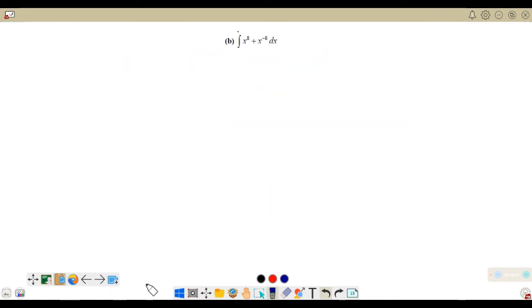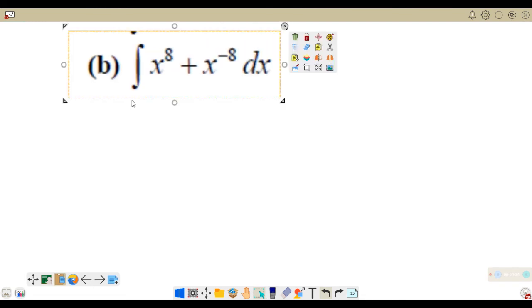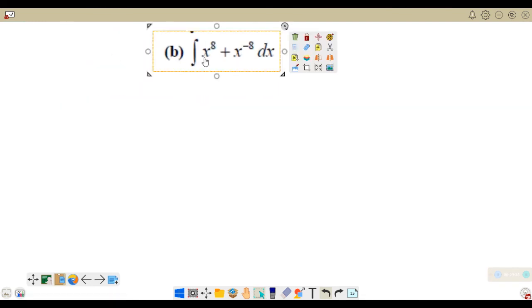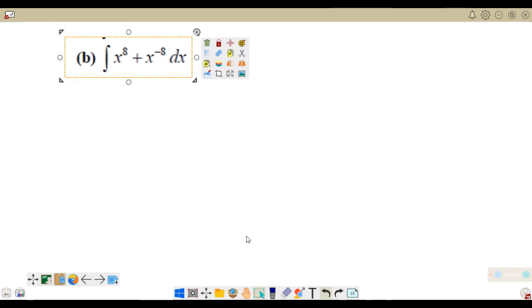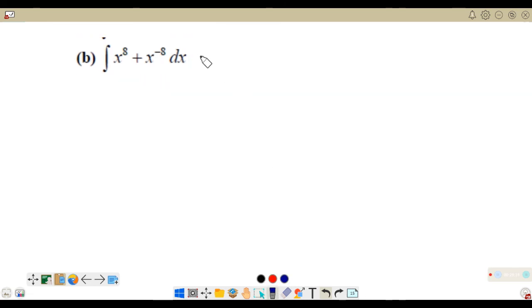Now, let's continue to the second example. Ayan. Lumalabo pag pinapalaki. We have x raised to the 8th power plus x raised to the negative 8. So, ako, lagi akong si shortcut, pero kung gusto nyo siyang pahabain, try natin mahaba.